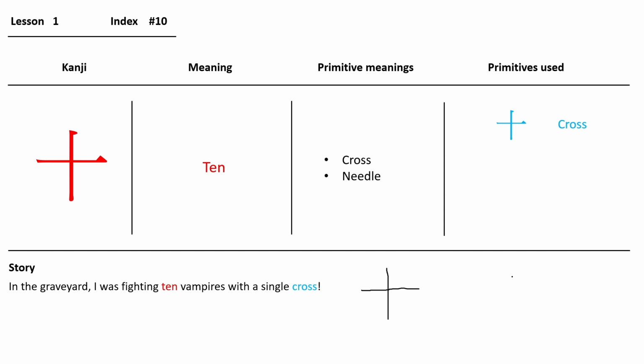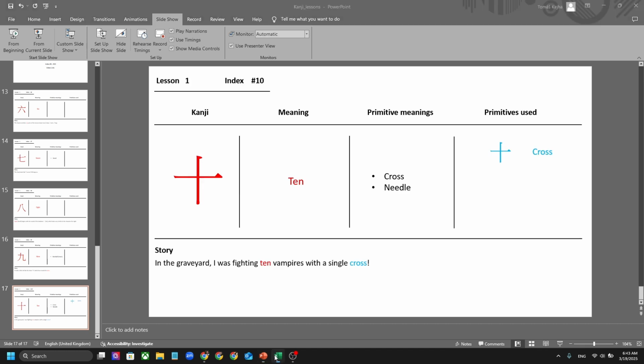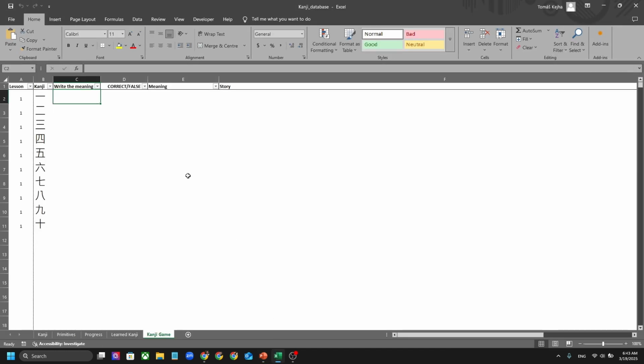So let's go check our knowledge. Let's go to Excel, discard these, and here we can test what we learned. But I think we can test it from the beginning of the series. So let's see if we still remember what is the meaning of this character right here.